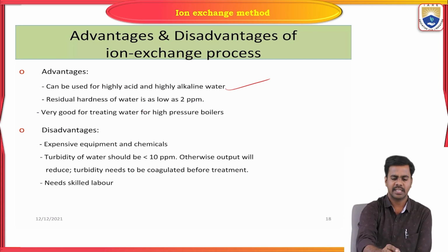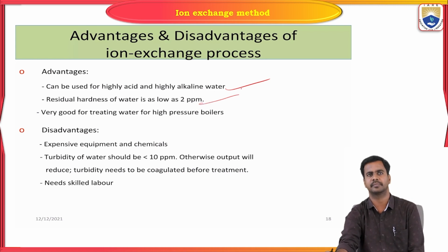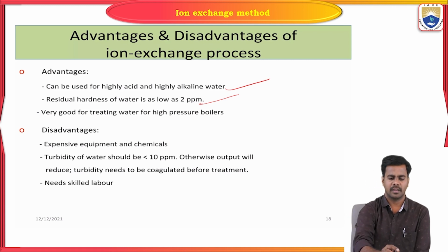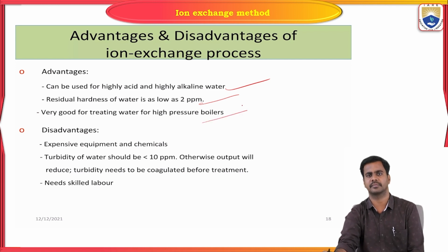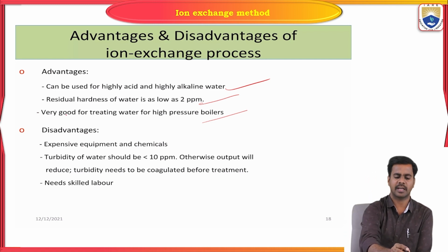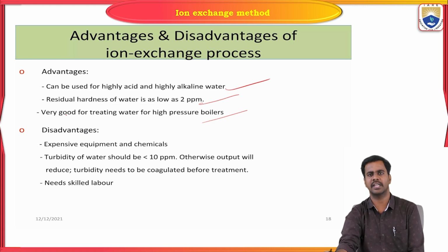The residual hardness of water is as low as 2 ppm. It is a very good water treatment method for high pressure boilers. And the operation of the ion exchange method is very simple.